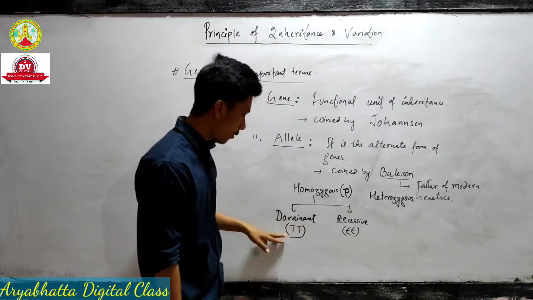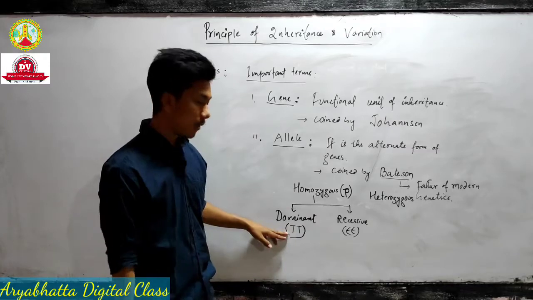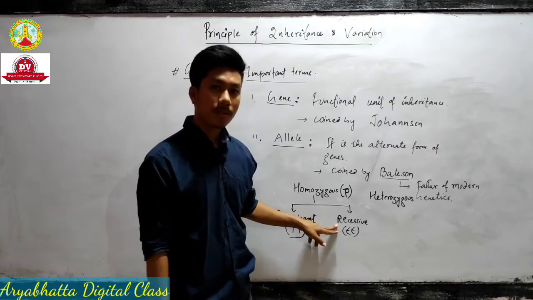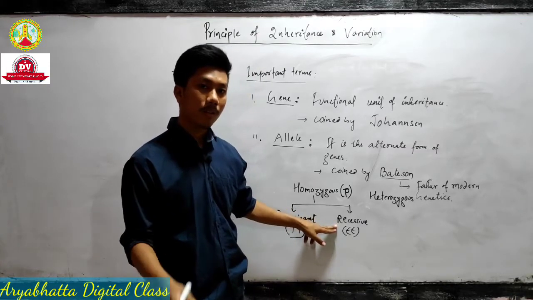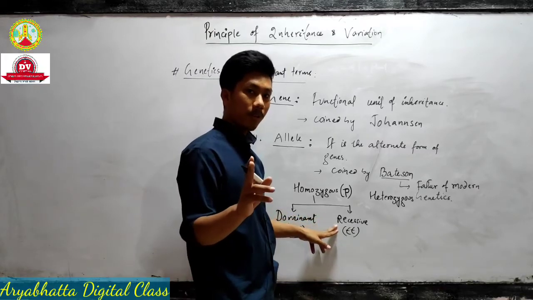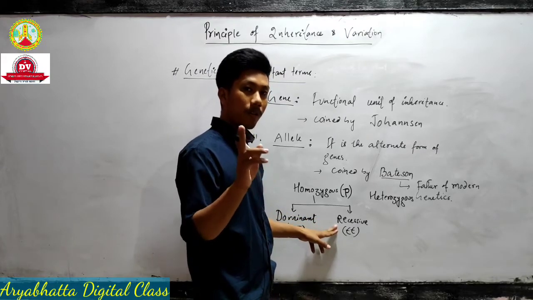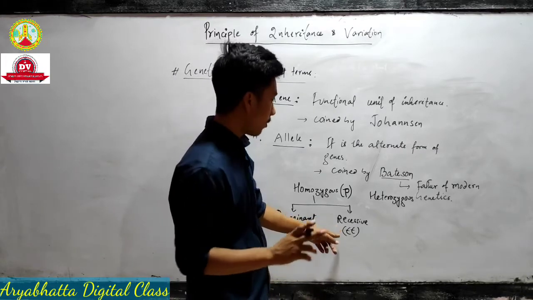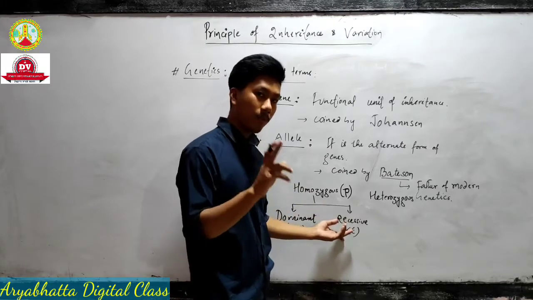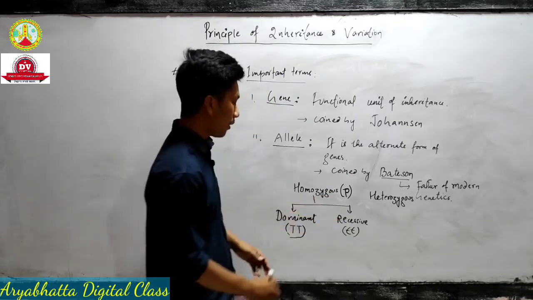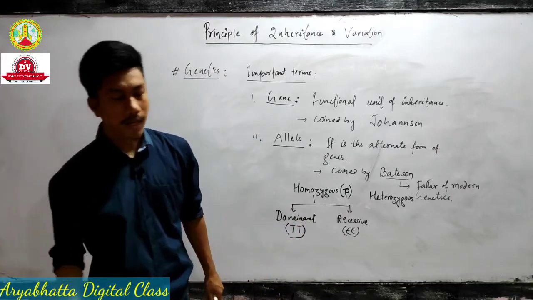Homozygous dominant will be capital P, and homozygous recessive will be small p. Recessive flower color is white, but we do not represent it with a small w. We represent it with the same letter. Here we were considering plant height.